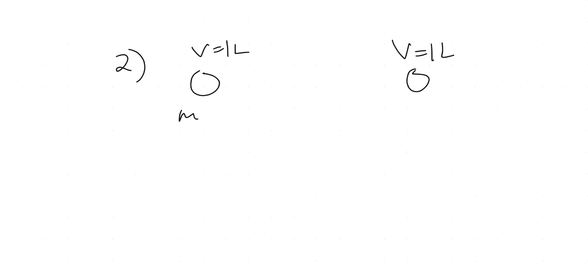Let's have two objects of the same volume, but different masses. So we'll say V1, V2, M1, M2. Let's say M1 is 2 kilograms and M2 is 0.2 kilograms. Quickly, I can solve for this.